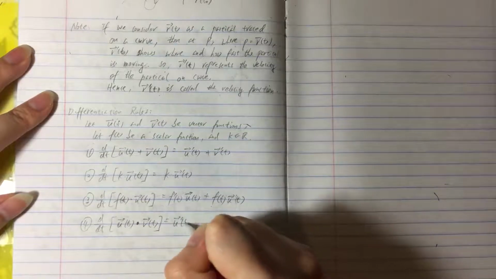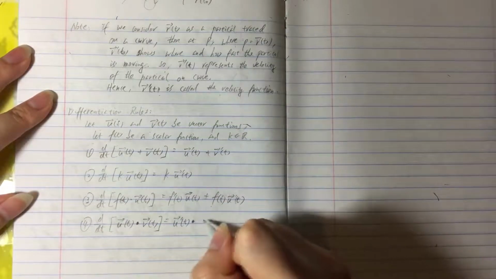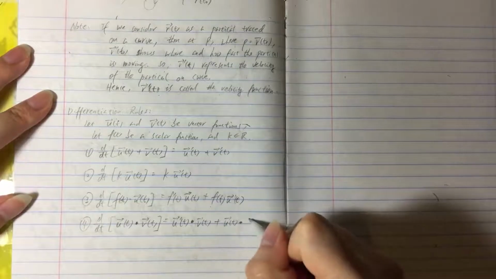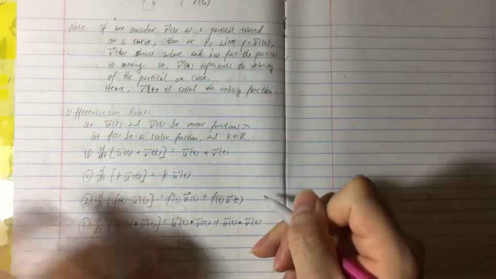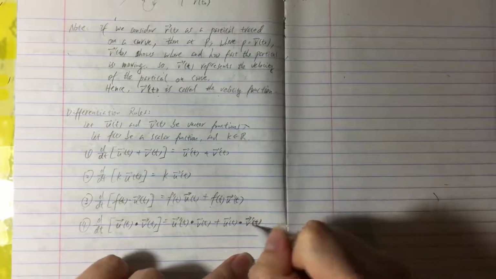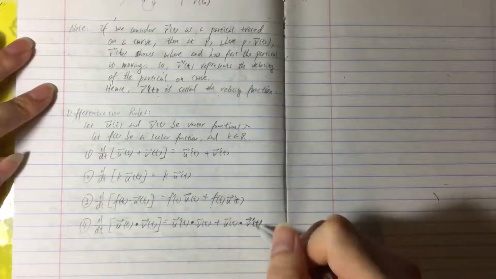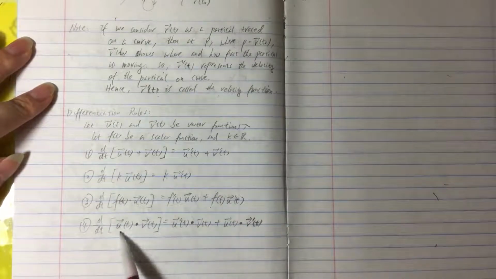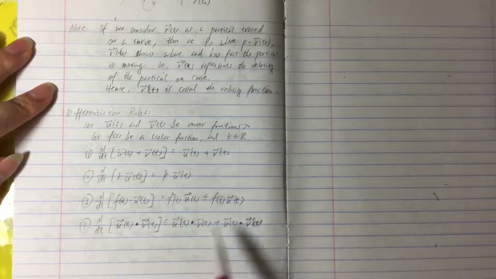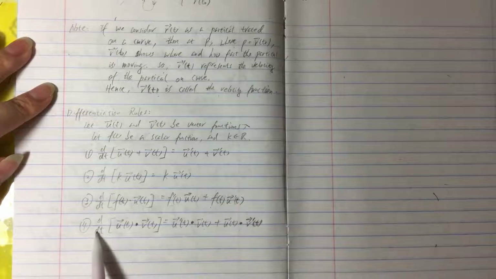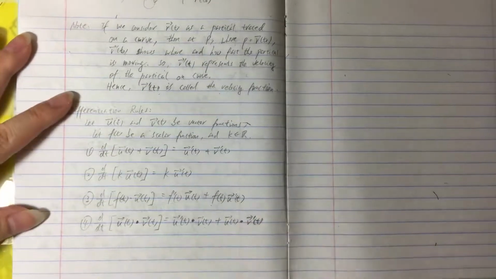It's the derivative of the first dot the second, plus the first dot the derivative of the second.